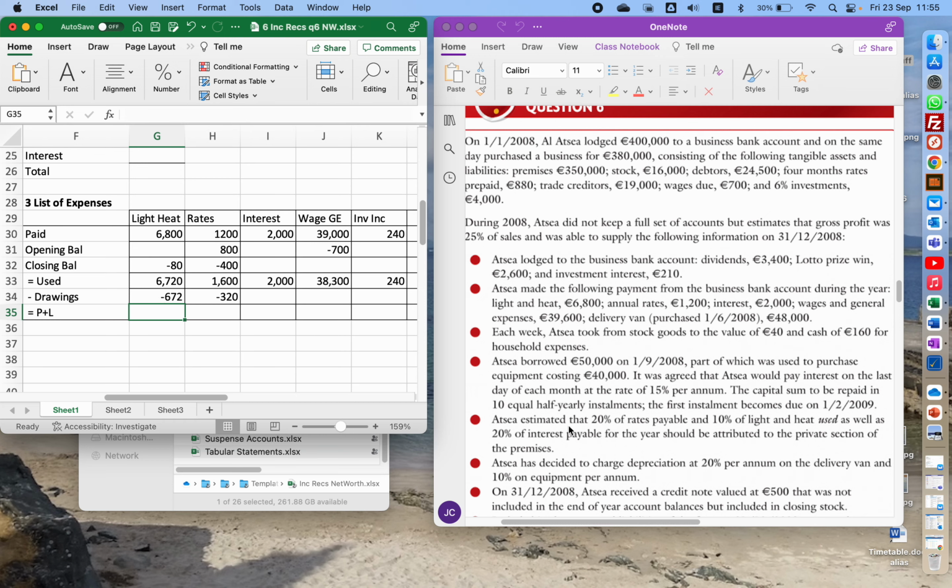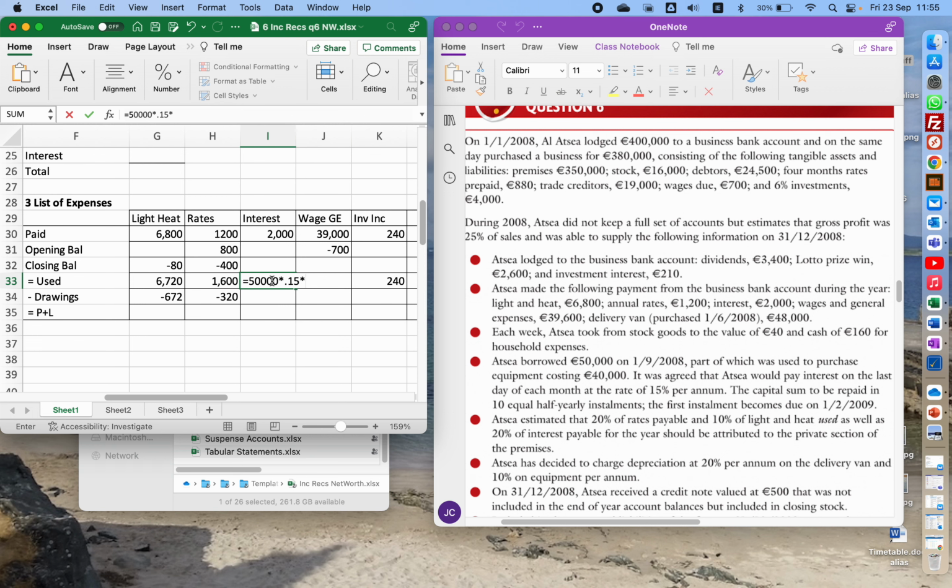And what's the next one? 20% of interest payable. So interest payable is $2,000. Let me just check. Did I work out my interest correctly? I've paid $2,000 for interest. He borrowed on the 1st of the 9th, part of which was to purchase equipment, and he would pay interest the last day, etc. So the interest used should be $50,000 times 5%, times how many months.